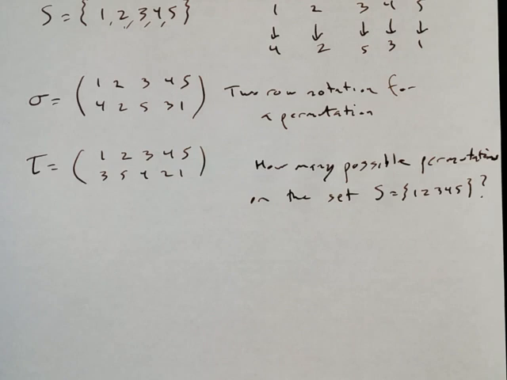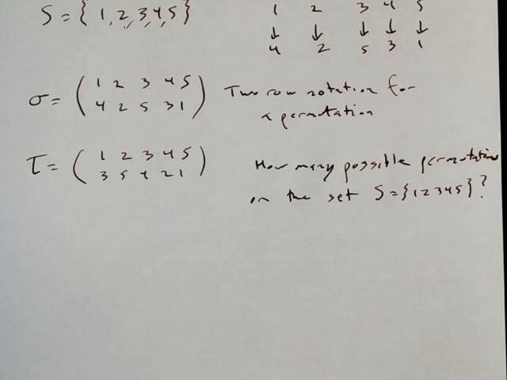An operation on functions that results in another function from the same set to the same set, right? Both of those functions go from S to S. So if first I did one and then I did the other, wouldn't I still be going from S to S? I go from the set 1 to 5 to the set 1 to 5 using sigma.